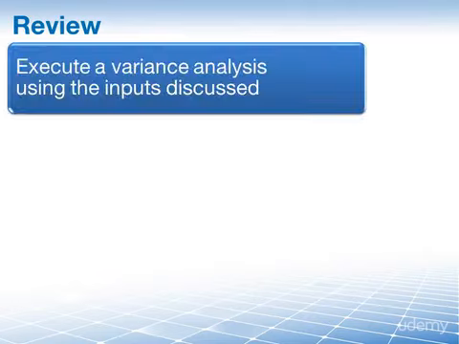Let's review what we do in the process of control scope. First, we need to execute a variance analysis, and we use the project management, configuration management, and change management plans, as well as our scope baseline, in order to perform this variance analysis.